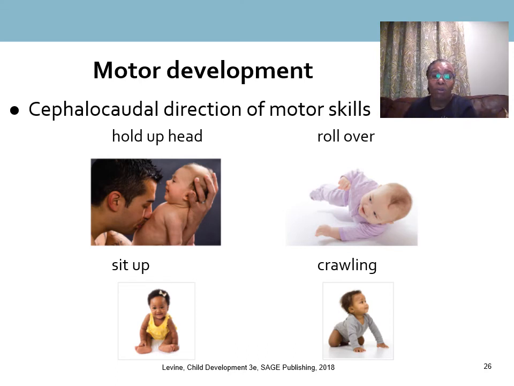The cephalocaudal direction of motor skills, if you're looking at the slide, is holding up the head, the child's ability to roll over, sitting up, and crawling. Now, I would give you the age ranges, but I want you to do some reading because it lets you know when. I will say, though, in terms of holding up the head, my son was born 2 feet long, okay?